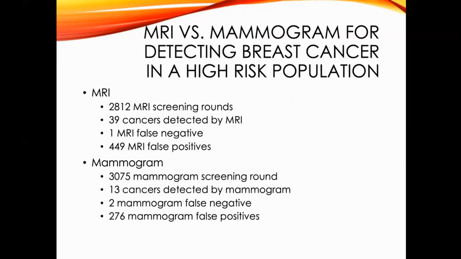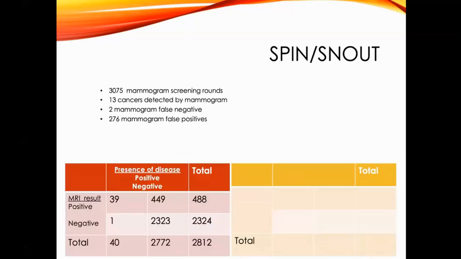So here I've taken similar numbers for mammogram and provided them for you. You can also get them from the paper. Now let's use them to fill in the 2x2 tables for mammogram. So we're going to go through all those same steps again. You can go to your worksheet, and this is number 2, and you can fill in your 2x2 table along with me.